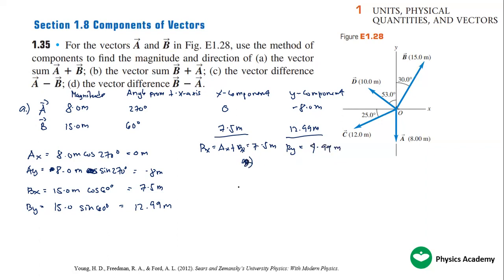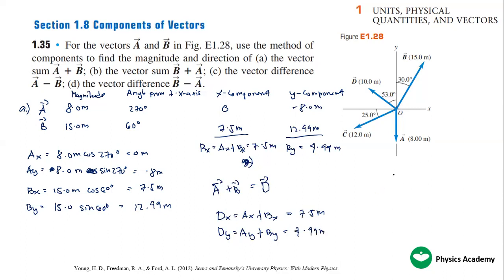So this is for A plus B. Let's call this vector D, where our dx is equal to ax plus bx, 7.5 meters, and our dy is ay plus by, 4.99 meters.